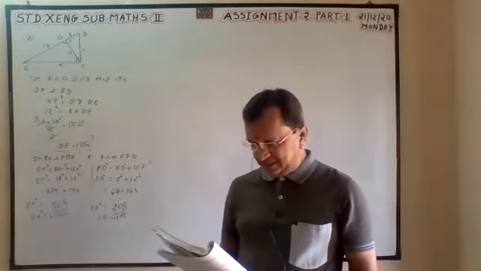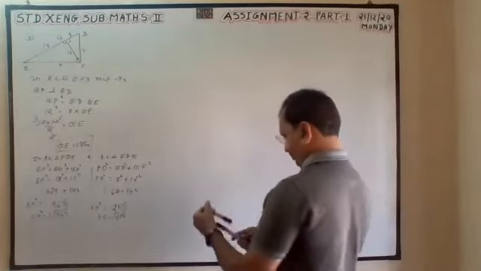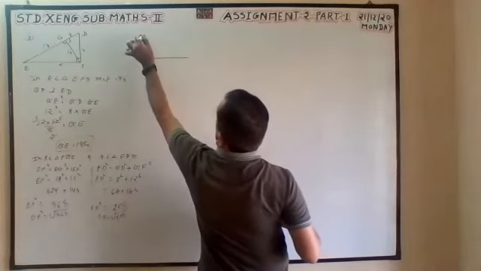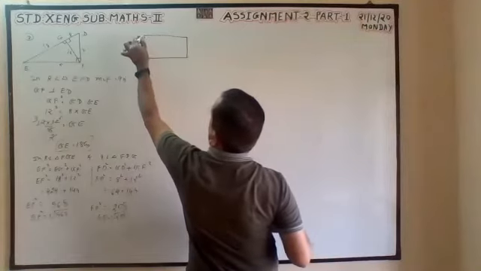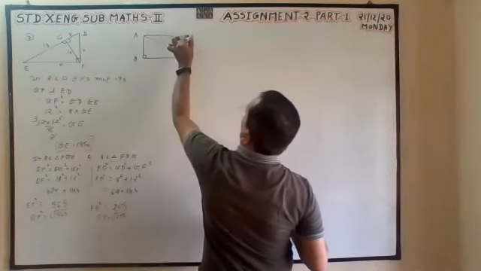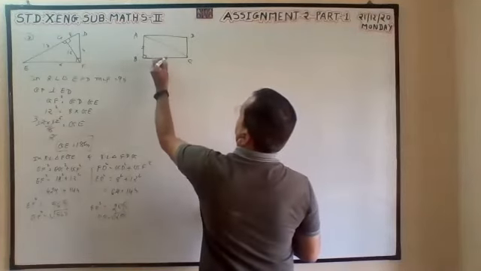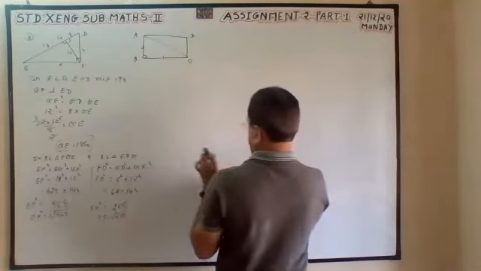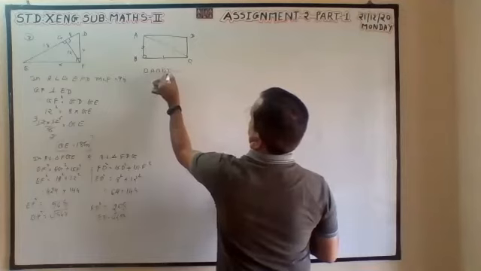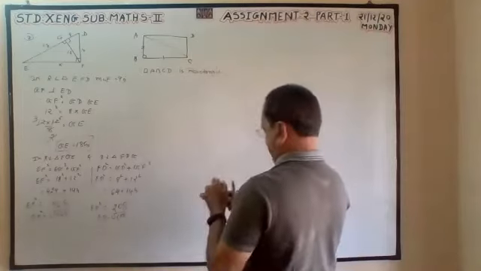Find the diagonal of a rectangle whose lengths are 35 and 12. It is given that quadrilateral ABCD is a rectangle.